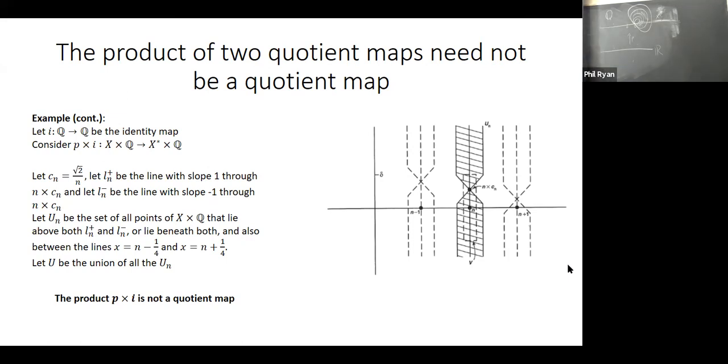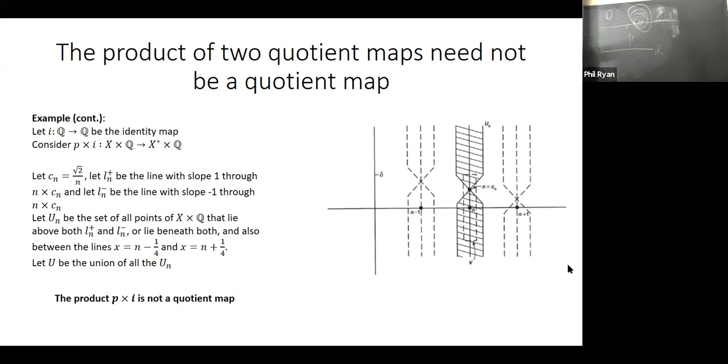Okay? So let Cn be square root 2 divided by n. Now, it doesn't have to be square root 2, it can be any irrational number. The point is that Cn is going to be irrational no matter what n you choose. Okay? And so there's Cn right here.